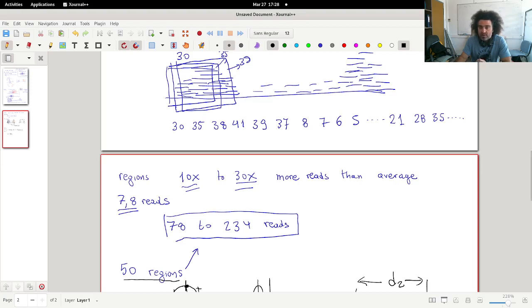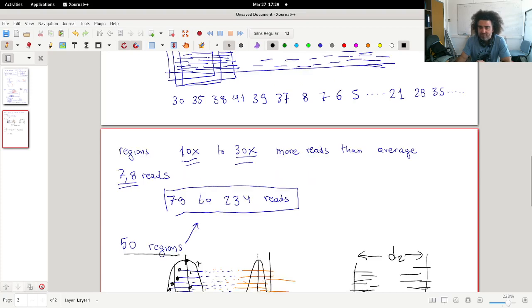Yeah, then MACS, oh, I made one more mistake. I didn't describe the whole procedure in detail. So what MACS is doing then is that it does not take all these regions, because all these regions that have 10 to 30 times more reads than the average are several thousands. So let's say that these are 5,000 regions.